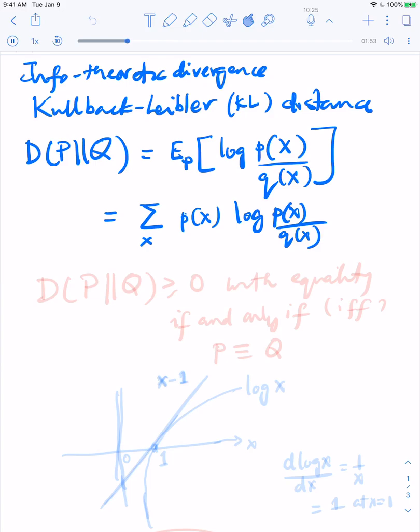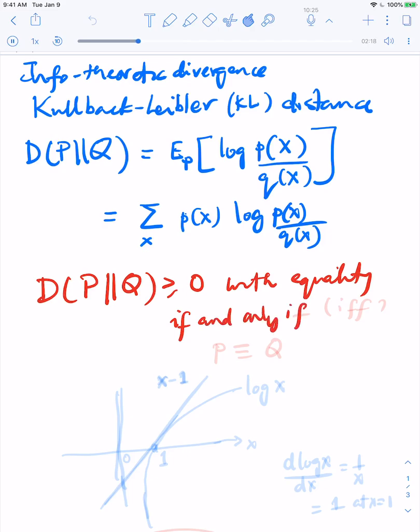And the result we used in the convergence proof for the EM algorithm was that this divergence is bigger than or equal to 0, regardless of the choice of P and Q. And we also noted that equality happens if and only if, often denoted by IFF, P is the same as Q. For discrete random variables, that means the probability mass functions are the same for all x.